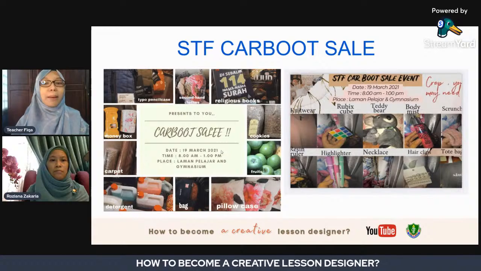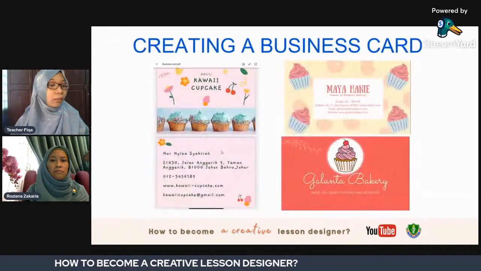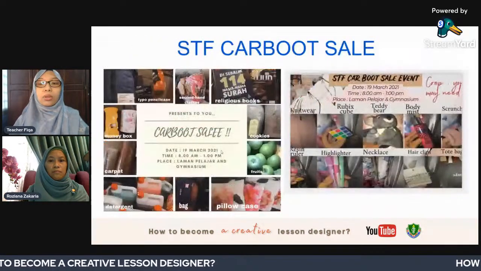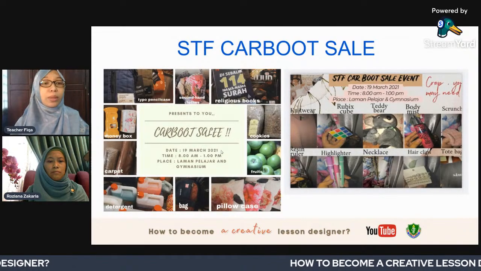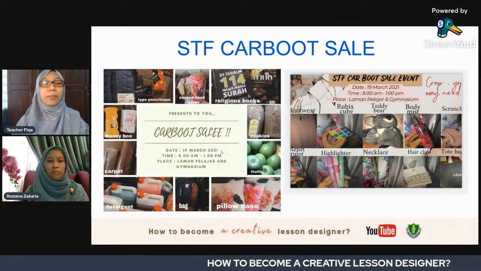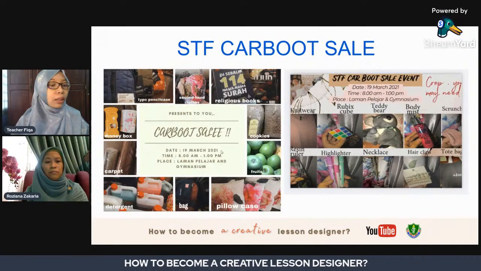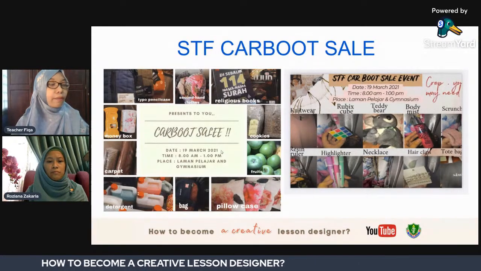These are some of the sample posters, and I think by doing this, we can also instill entrepreneurship in our learners.